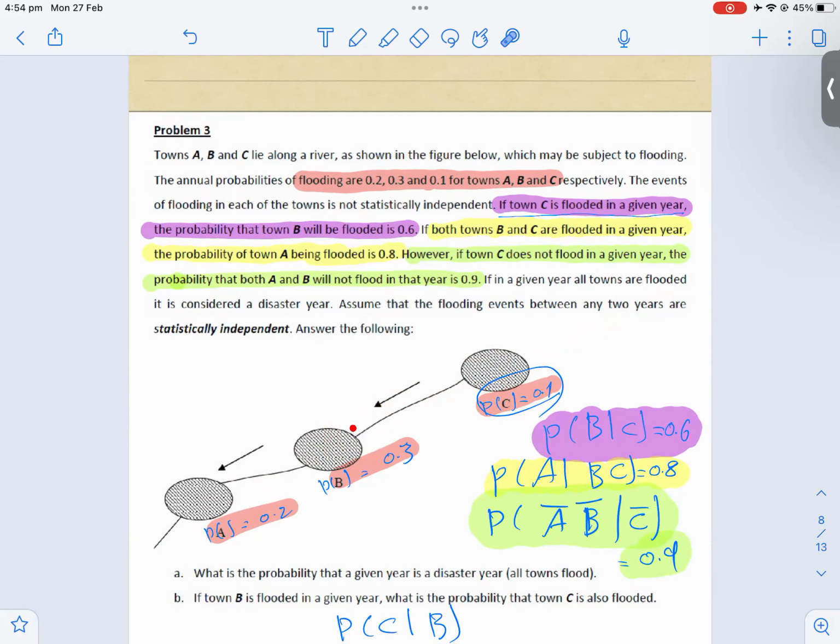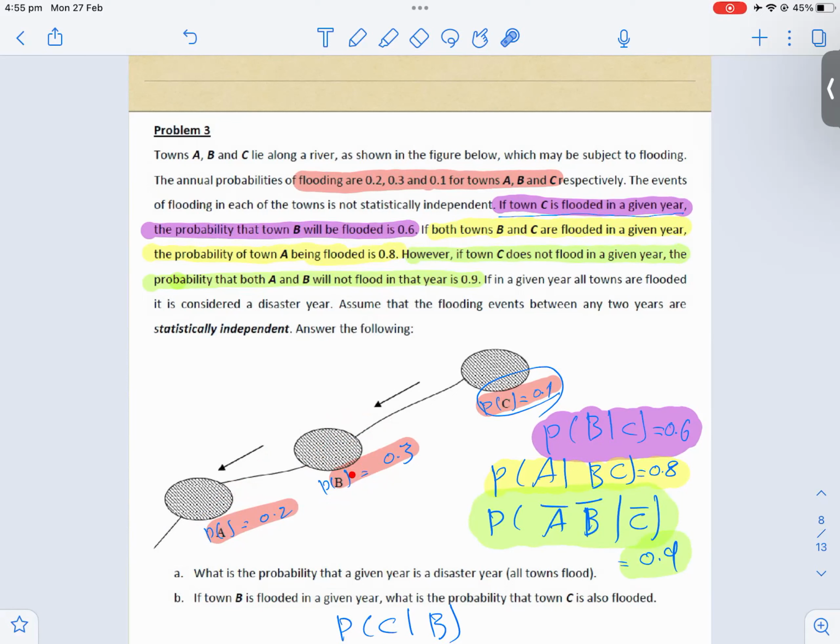But independently, the probability of this village is higher, maybe because it's in the path of the river. The probability of this last city is 2/10. I'm not sure why this should be less than B. For some reasons, we don't know.